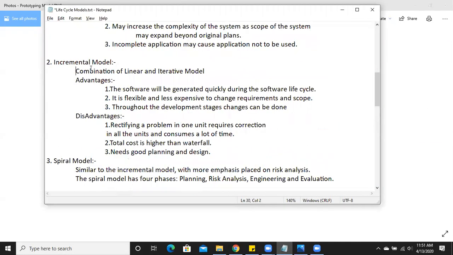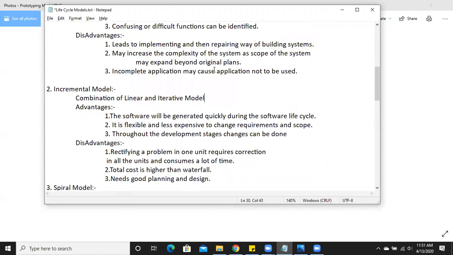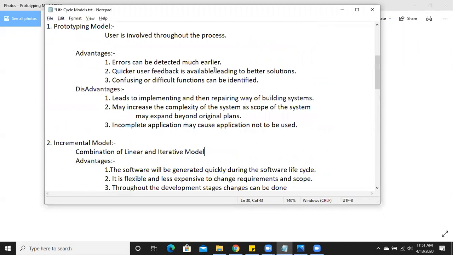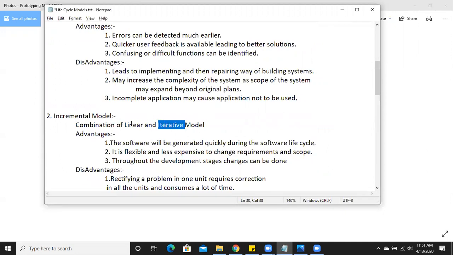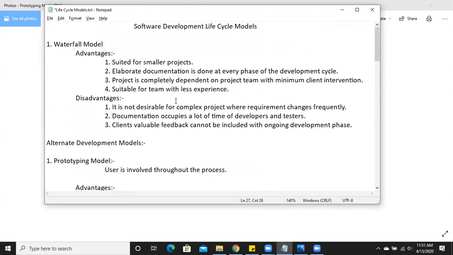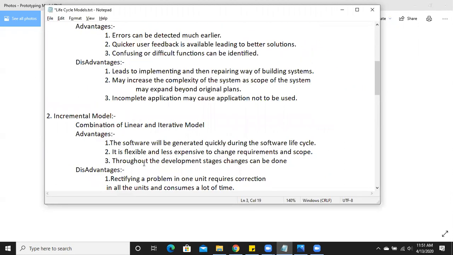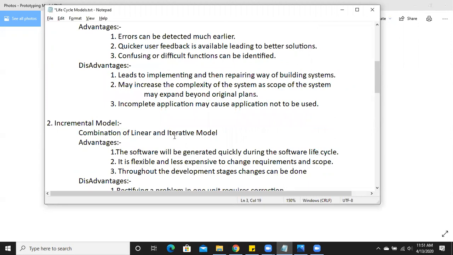What is it? It is the combination of the linear and the iterative model. Now, the prototyping model is an example of an iterative model, as I have said earlier. Now, what is linear? Waterfall is the example of a linear model, and prototype is the example of an iterative model.